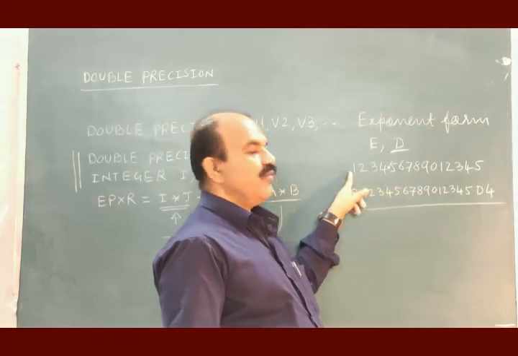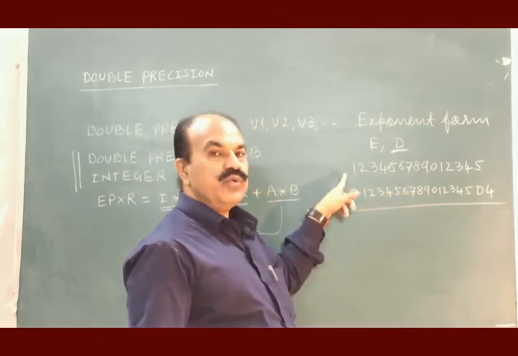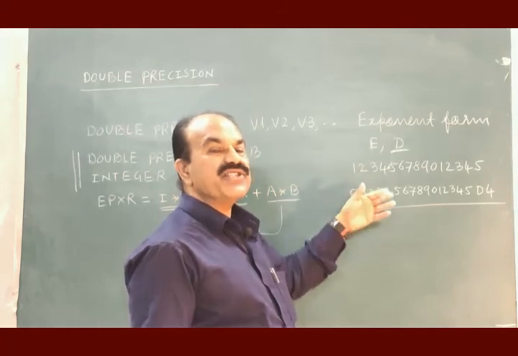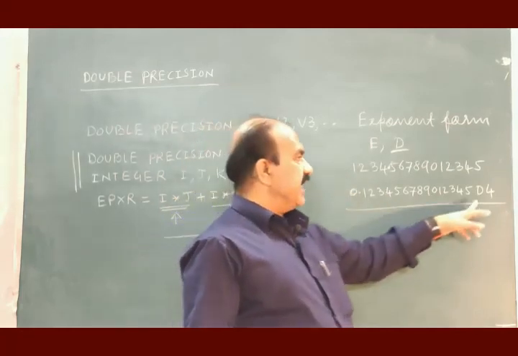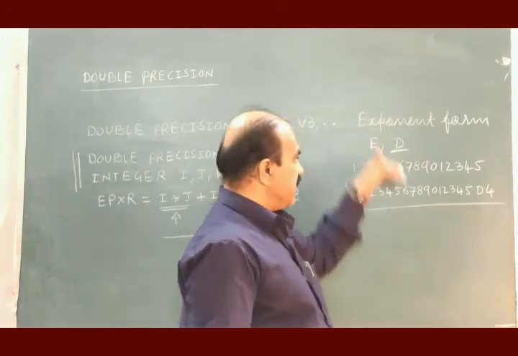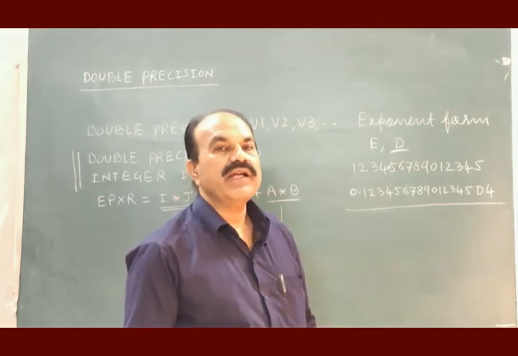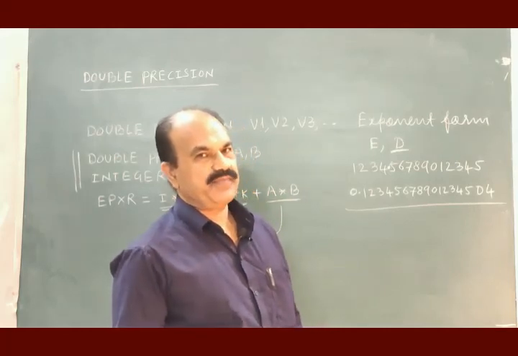The decimal point is shifted 4 decimal places towards the left, and therefore the power will be positive 4. This is the exponential form for double precision.